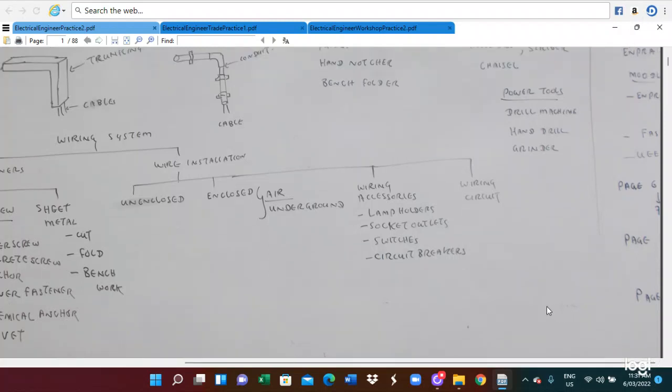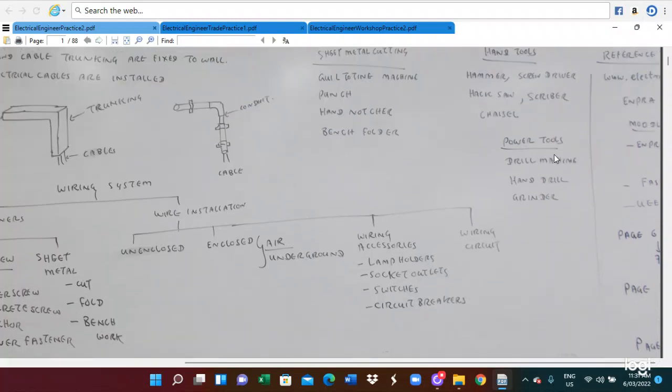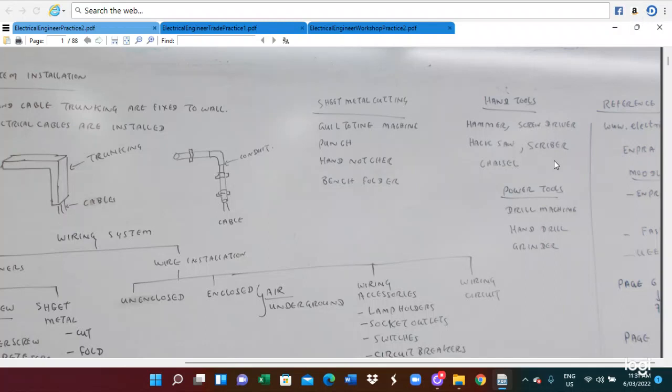The wiring is a circuit system, so we have to utilize the appropriate hand tools. The hand tools are the hammer, screwdriver, hacksaw, scriber, and chisel. In the meantime, we are using power tools. They include the drill machine, hand drill, and grinding machine. We also need to cut the sheet metal.